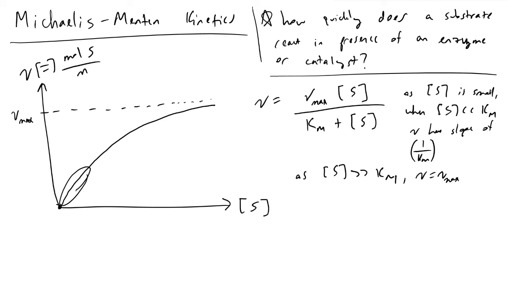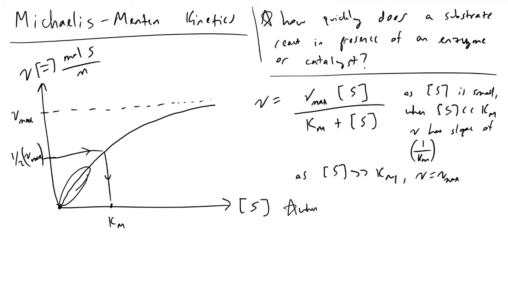Now, what we also can deduce from a Michaelis Menten plot is K sub M graphically. And the way we do that is we look at where the rate is equal to 1/2 Vmax, and we read off what the substrate concentration is.